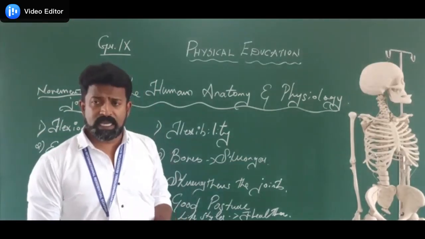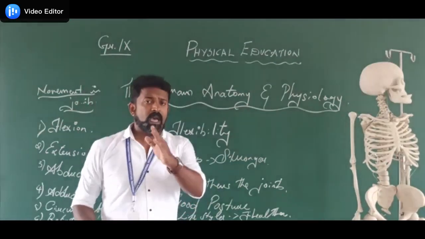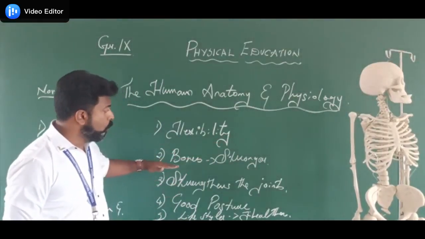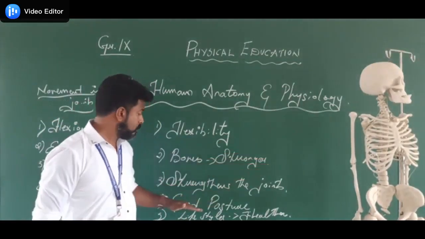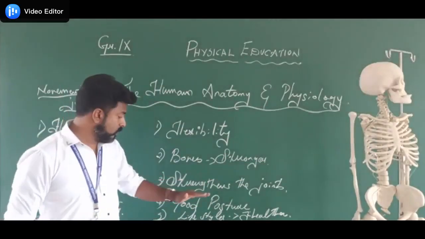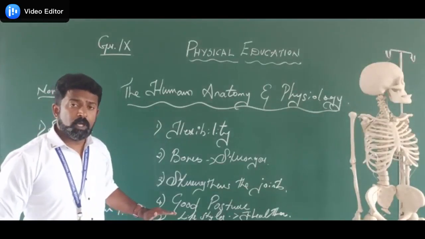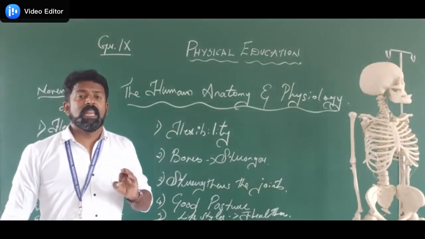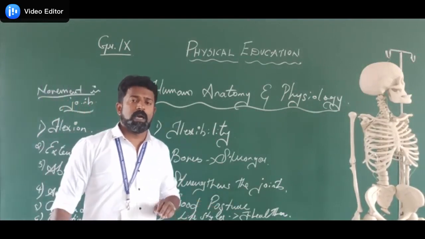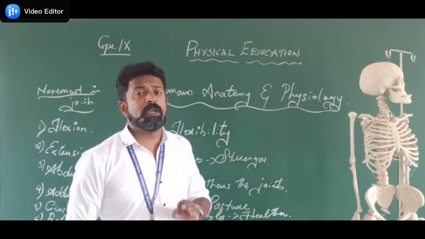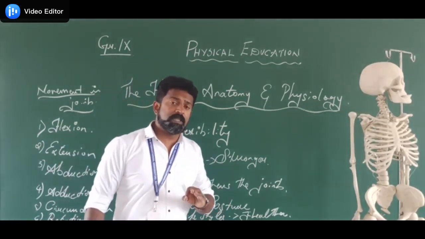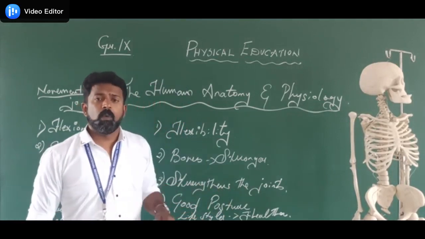There is going to be an impact: increase in flexibility, bones get stronger, strengthens the joints, good posture, and it is going to help you to lead a healthy lifestyle. So once you have a healthy lifestyle, you are going to have a wonderful life without any disease, defects, or injury.